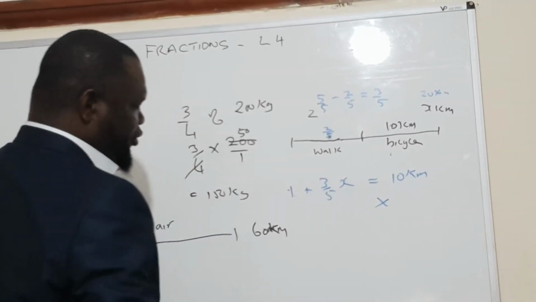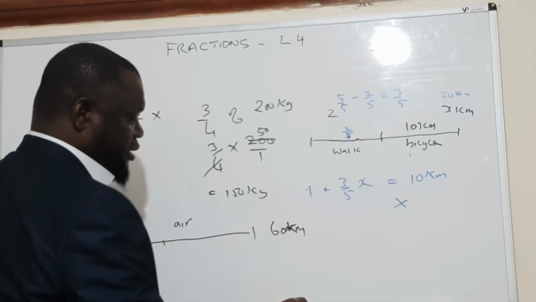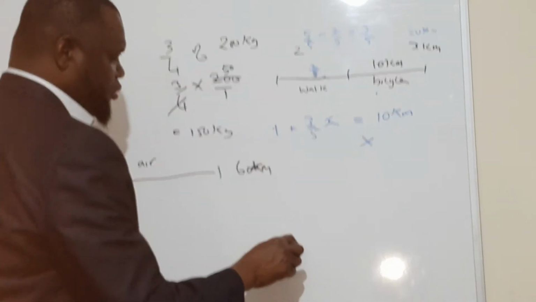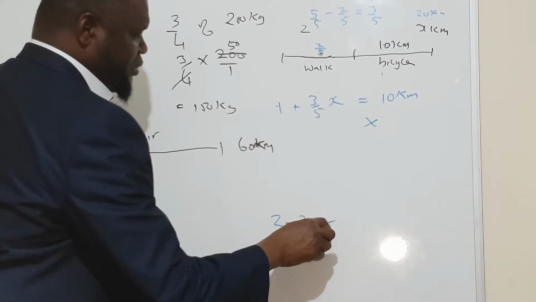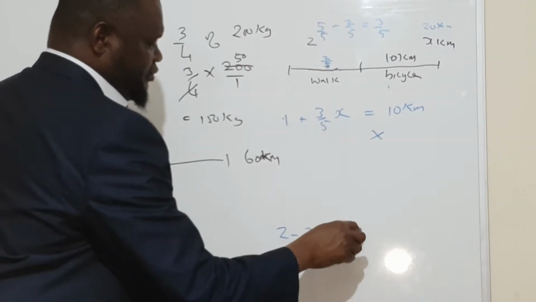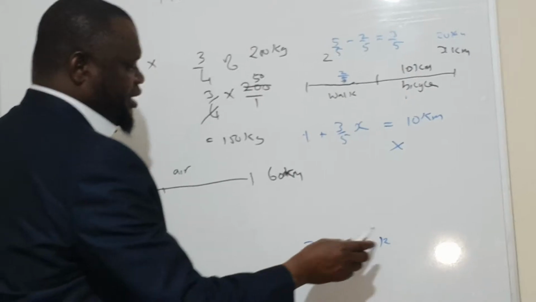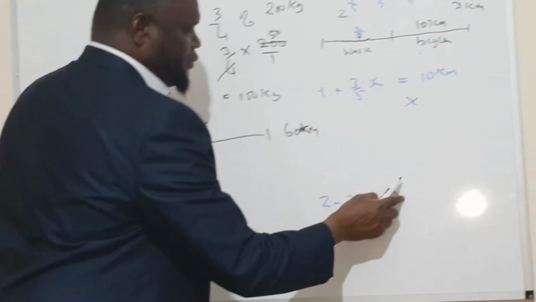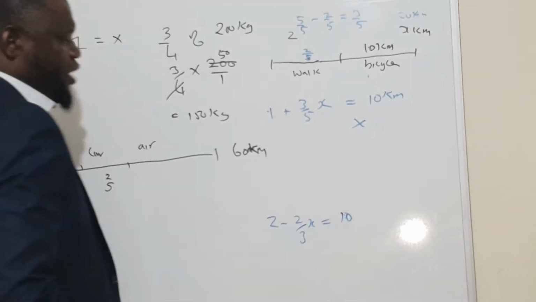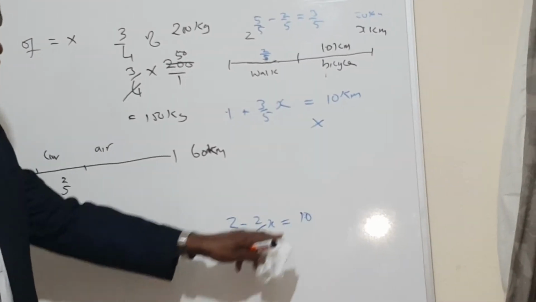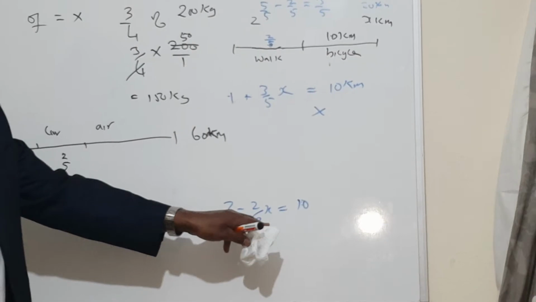If there is a number, you have to sort that one out. Okay? 2 plus 2/3x is equal to 10. You have to move this over the equal sign first before you can do cross multiplication.